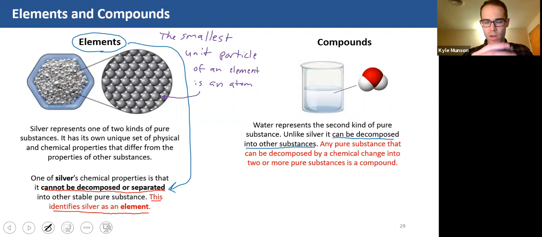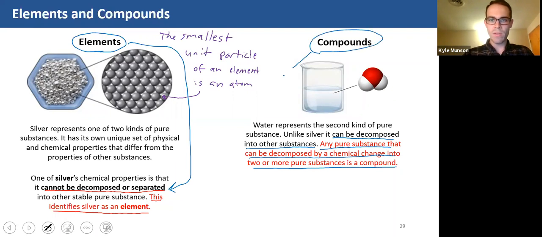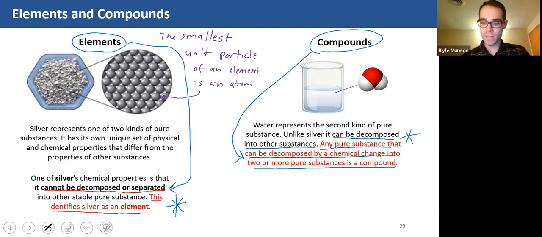We'll talk about that. So any pure substance that can be decomposed by a chemical change into two or more pure substances is a compound. All right, so that's our definition of a compound for this class, okay? So definitely know those two definitions as you do the homework and go through the class.